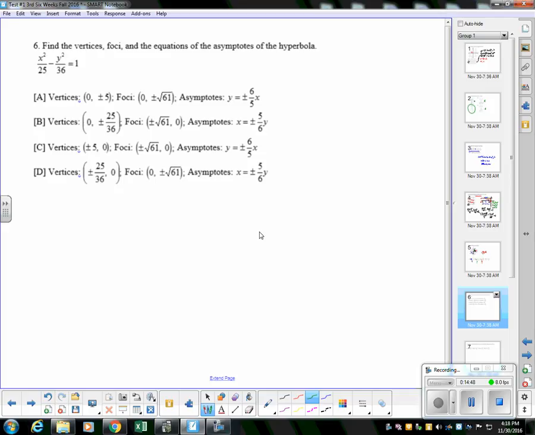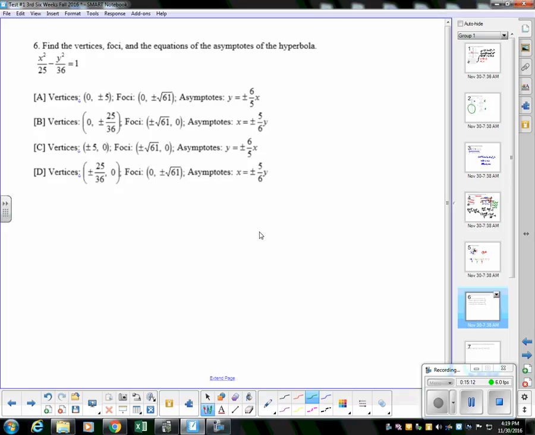The a and the b stay the same as far as their location, their position. X and y change positions. In the ellipse, it's the other way around. X and y stay the same and a and b change. But in the hyperbola, x minus h and y minus k squared are the ones that switch. And where they're located tells you whether your axis is horizontal or whether it's vertical.